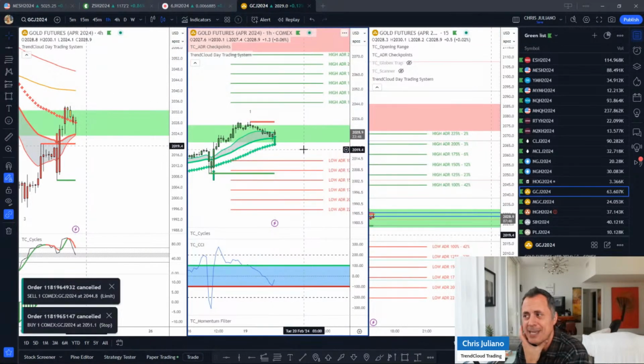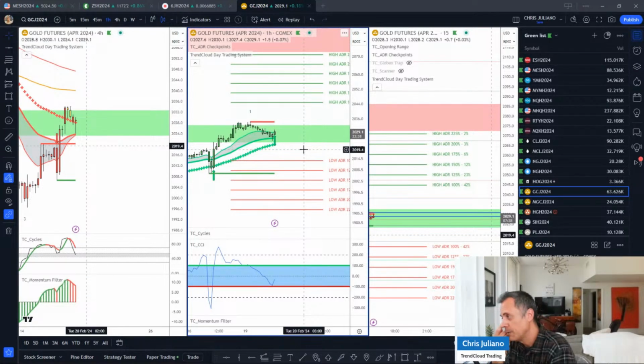You can only take a trend reversal trade if TrendCloud is telling you you've got an extended trend. So do you see how important that is? If I didn't have a system that showed me the extended trend by coloring those candles blue, I would not have seen that. I would have said, oh, well, micro and full contract of gold, it's the same thing.